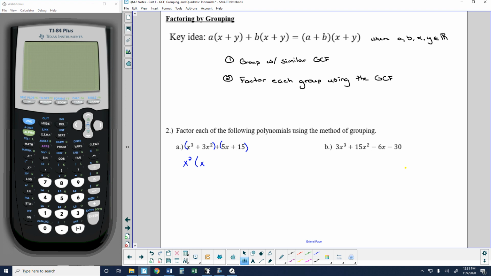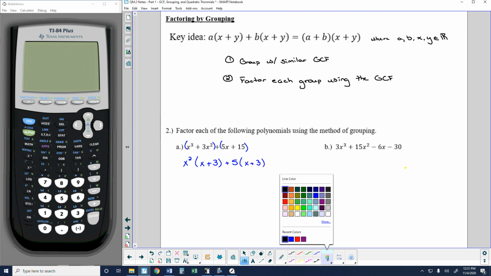And so that leaves me with x plus 3. In my second group, I have a 5 that could be the GCF, and so I factor out 5, and that leaves me with x plus 3. So we're using that idea of the GCF to rewrite this expression.